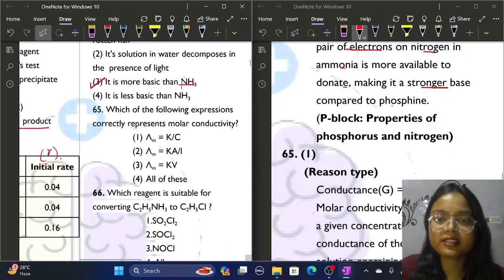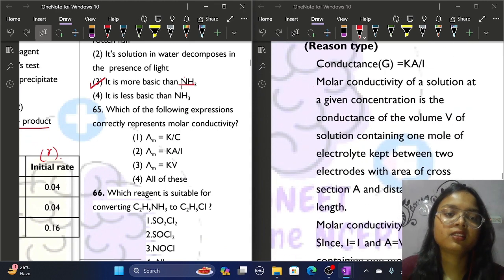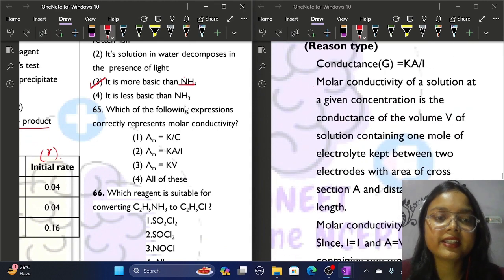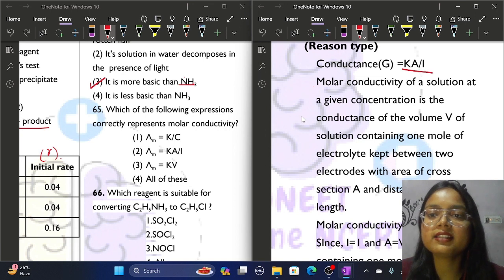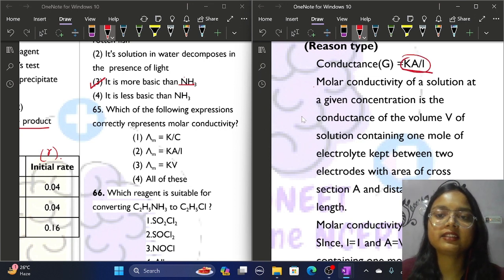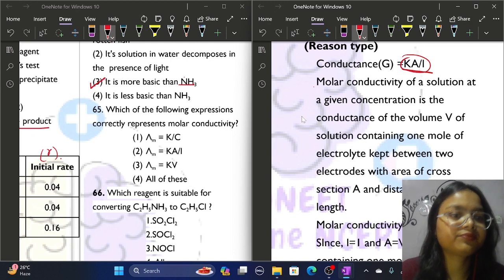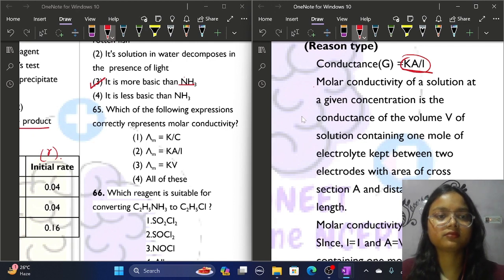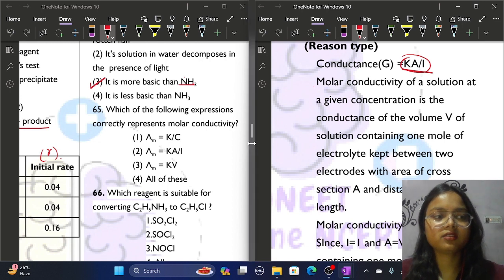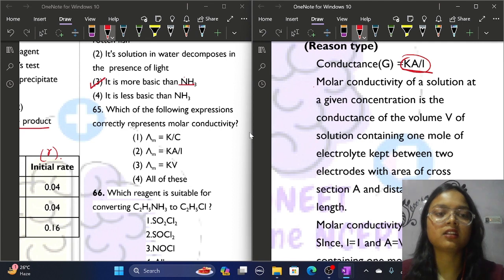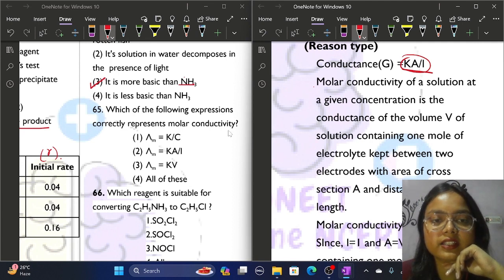In question number 65, which of the following expressions correctly represents the molar conductivity? For molar conductivity, we know that the conductance is Ka by l.